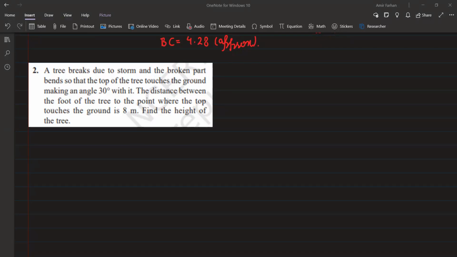So can we draw a diagram roughly? Yes, you can. It's up to you, dear. You can solve in your copy in any manner you want.